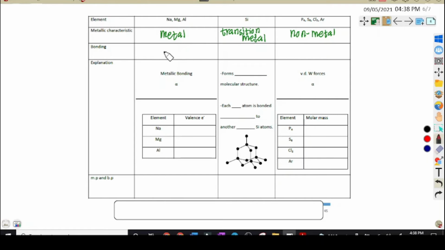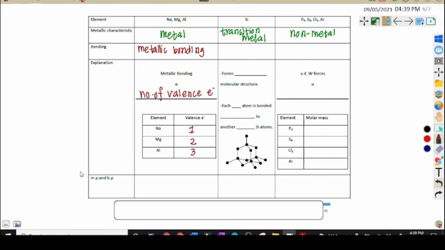For the metals, they will have metallic bonding. Metallic bonding is directly proportional to the number of valence electrons. This is going to be easy for you. Sodium has 1 valence electron because it is in group 1. Magnesium has 2, and aluminium has 3 valence electrons.